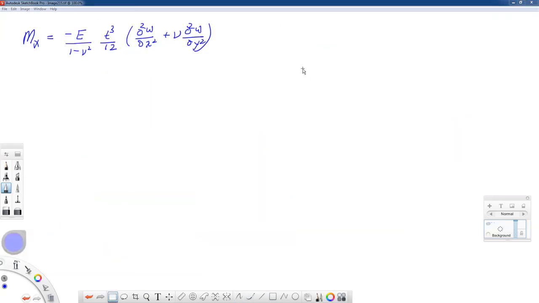Alright, now this term, if you notice the coefficient out in front, E over 1 minus nu squared times t cubed over 12, we are going to define this as the flexural rigidity of the plate. So D is going to be equal to E t cubed divided by 1 minus nu squared times 12.